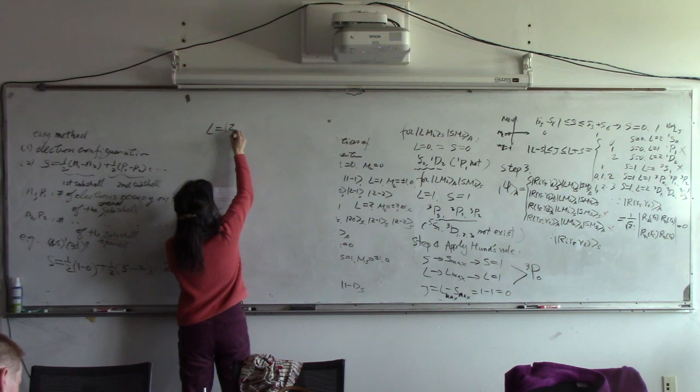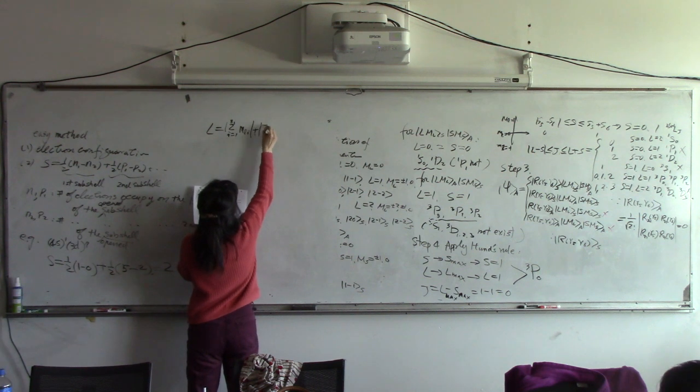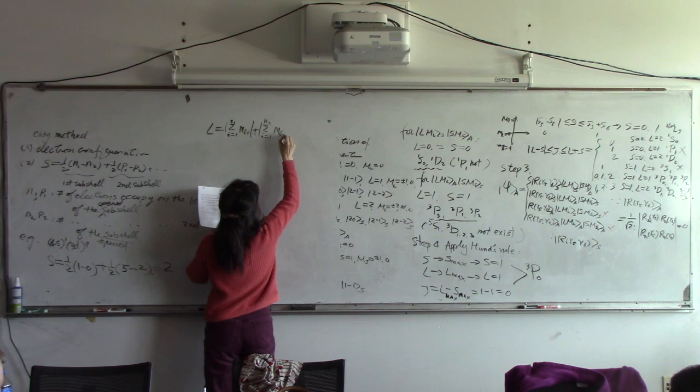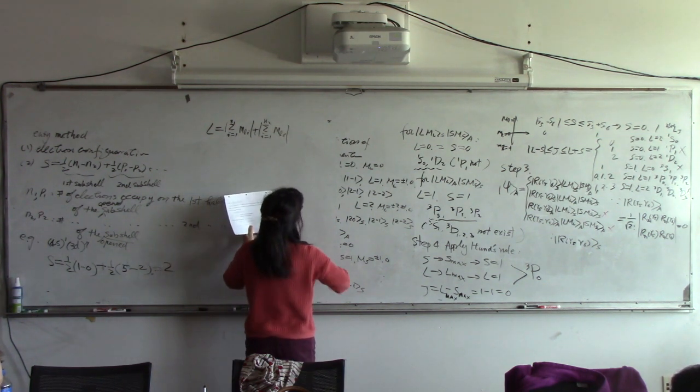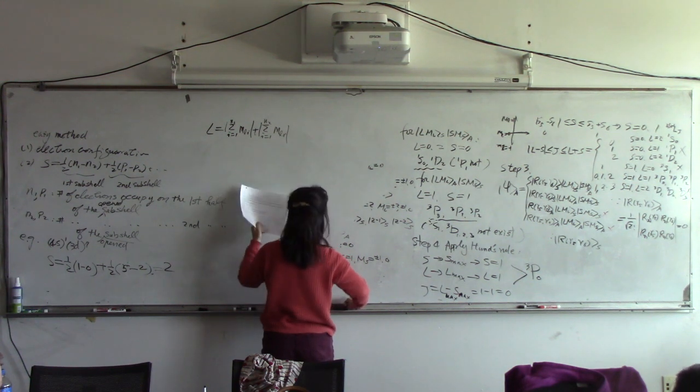the absolute value of the summation over the first half shell, N1, of ML i, plus the summation over the second half shell, N2, of ML i. That is for the first subshell, first half and second half.